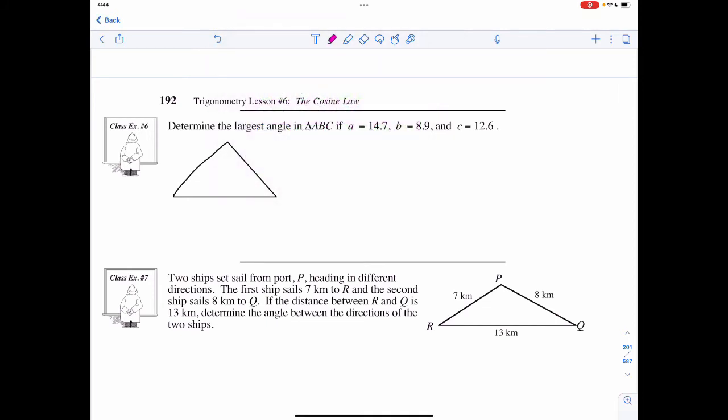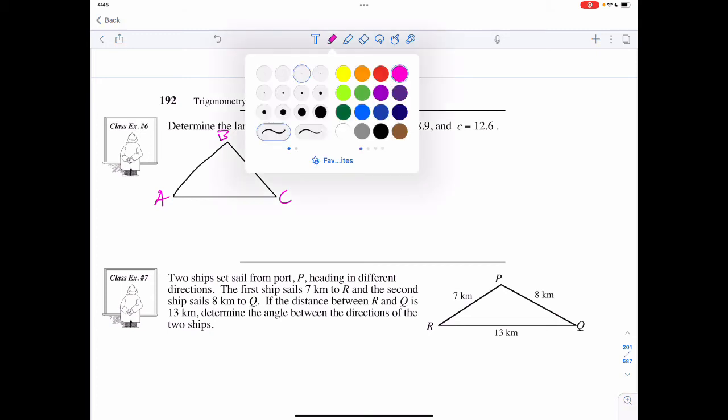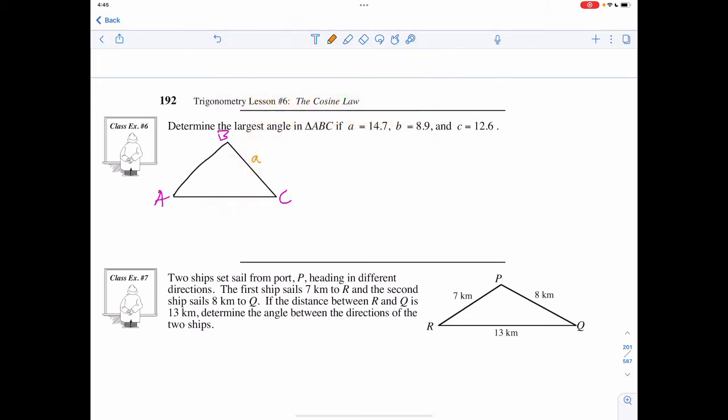I'm going to label the sides or angles A, B, C, and it tells me that side length A is 14.7. It tells me that side length B is 8.9, and it tells me that side length C is 12.6.